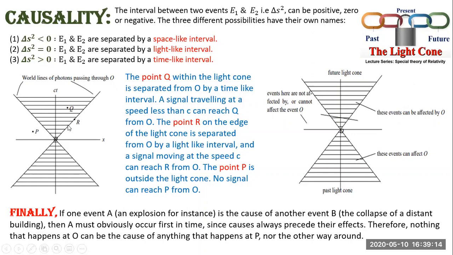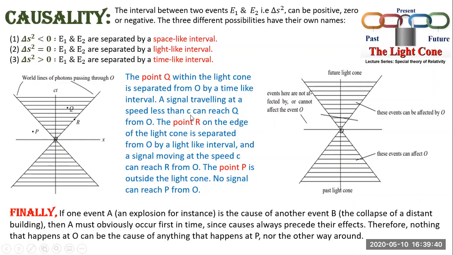Here in the left figure, we have 4 points: origin O, a point Q inside the forward light cone, a point R on the edge of the forward light cone, and a point P which is in the domain elsewhere. The point Q within the light cone is separated from O by a time-like interval, a signal traveling at a speed less than c.